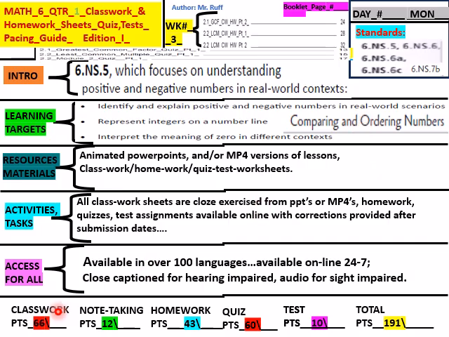And then here's our point totals. Classwork 66, note-taking is 12 points, homework is 43 points, quiz is 60 points, test is 10 points, and then this comes out to 191 points for week 3 of Math 6.